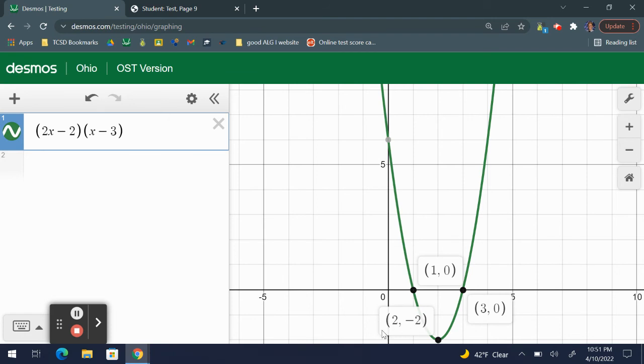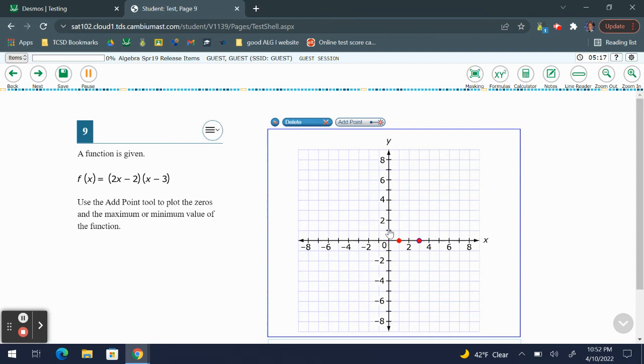I went y's over x's, sorry. So from the origin, right 2, down 2, and we plot, add a point, right 2, down 2, and we're right there. So it says use the add point tool to plot the zeros and the maximum or minimum value of the function. Whoop, there it is.